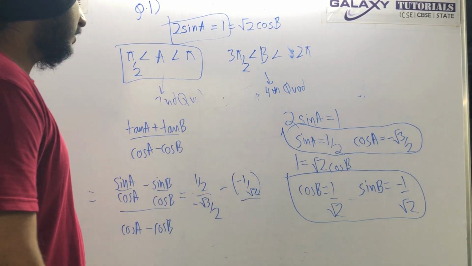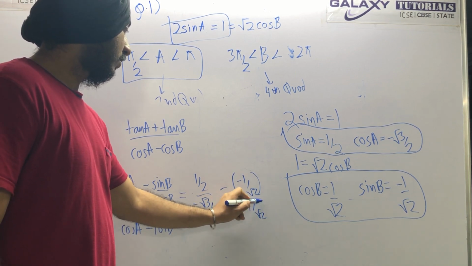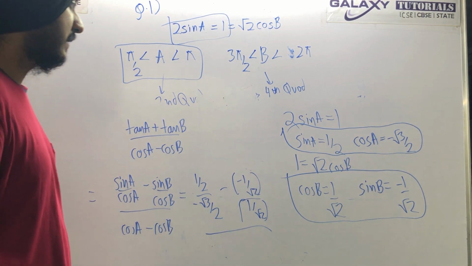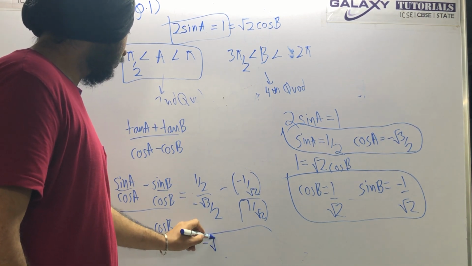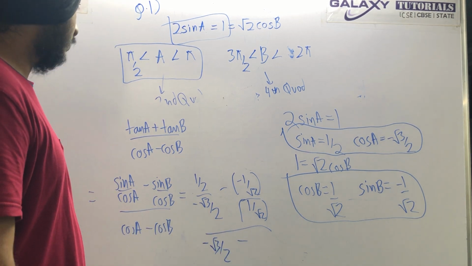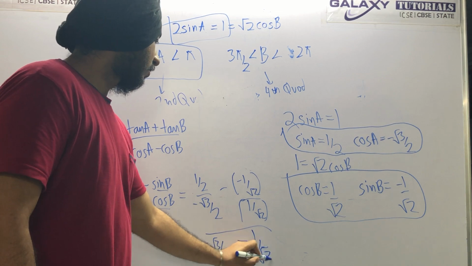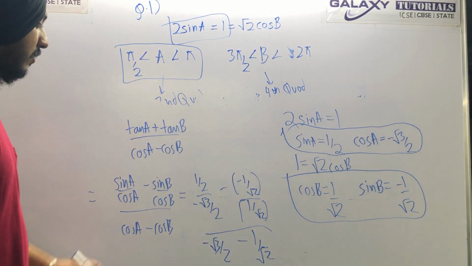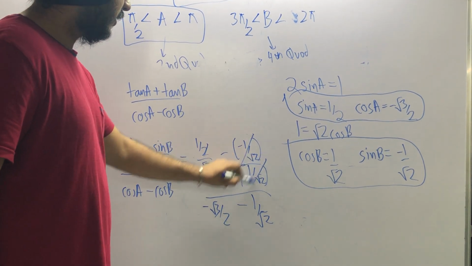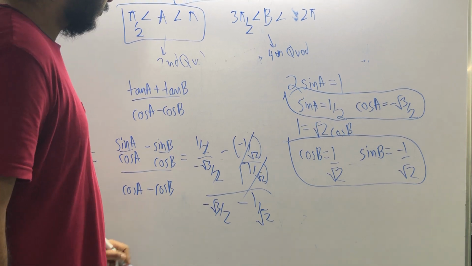Okay, cos B is 1 by root 2. Okay, upon cos A is minus root 3 by 2. And last but not the least is cos B, 1 by root 2. Okay, see what all you can cancel here. 2 cancel, this one whole cancel, and that's all I think for now.